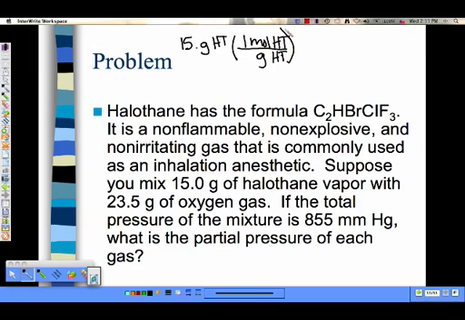Let's see, carbon is 12 times 2 plus 1, plus bromine is 79.9, plus chlorine is 35.45 and fluorine is 19 times 3. So I have 197.35. So our number of moles here is 0.076.